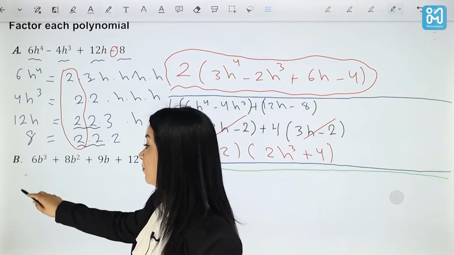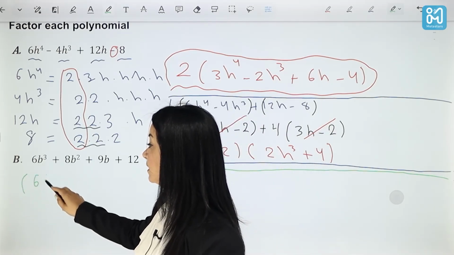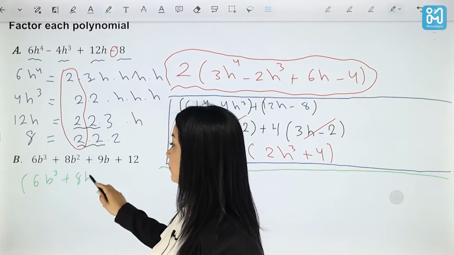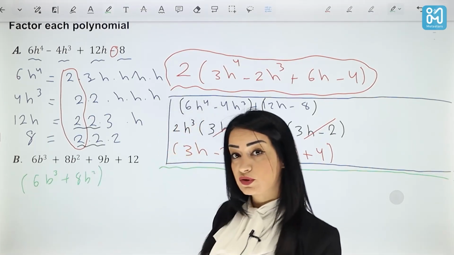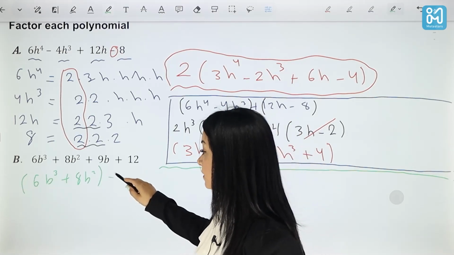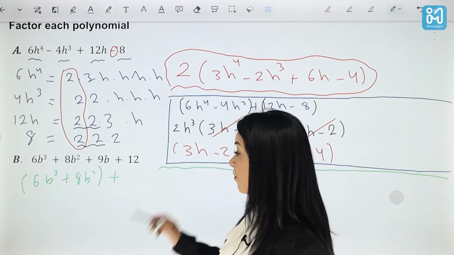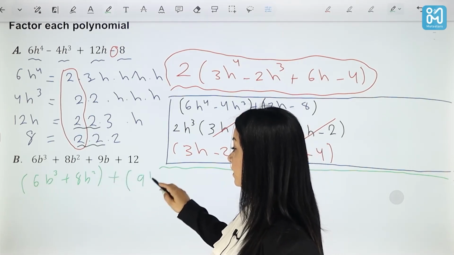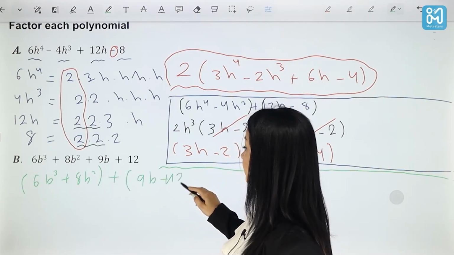So open the parentheses: 6b cubic plus 8b squared. I close it. Always remember, I need to keep the addition sign between the two parts. Then open the second one. What do we have? 9b plus 12.